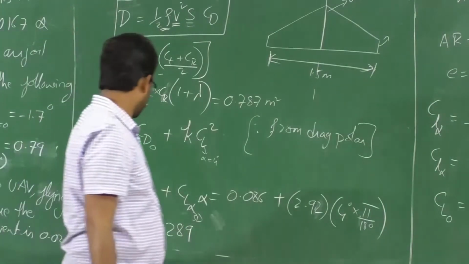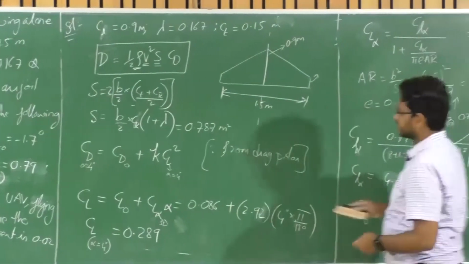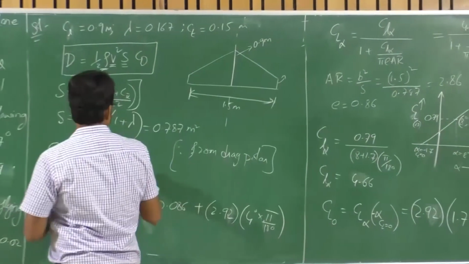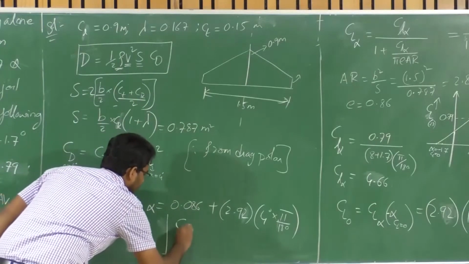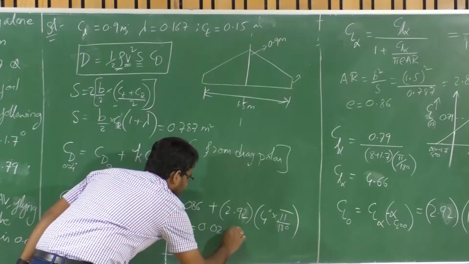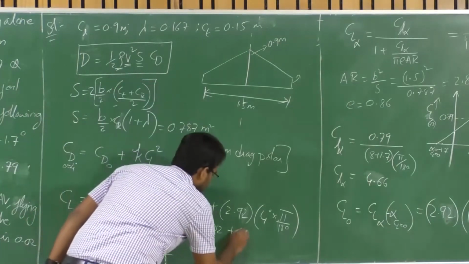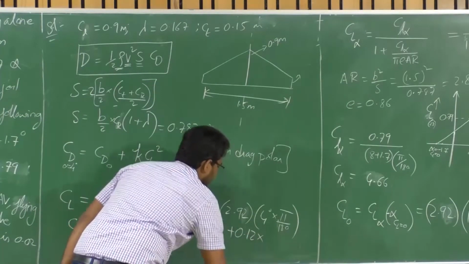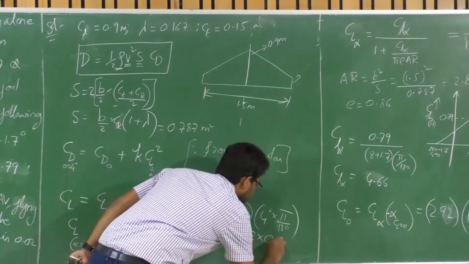Okay, so what we got is CL at 4 degrees, and by substituting that value in CD, what I have is CD equal to CD naught, which is 0.02, plus K, which is 1 upon pi AR, approximately 0.12, times CL square, so 0.289 square.